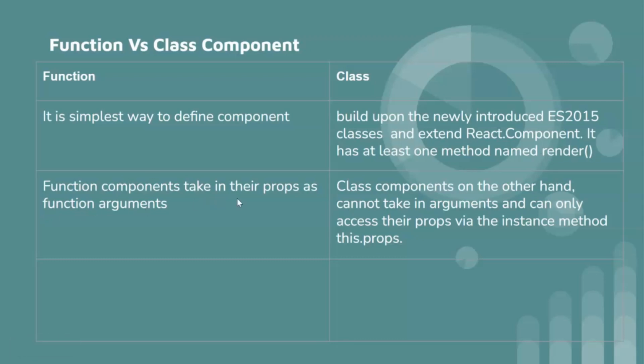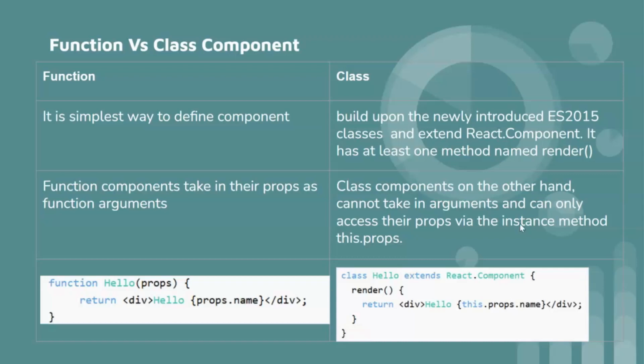Function components take in their props as function arguments. Class components, on the other hand, cannot take in arguments and can only access their props by the instance property, this.props. So this is a small example of a functional component. You declare it with function, the function name, and pass the props.